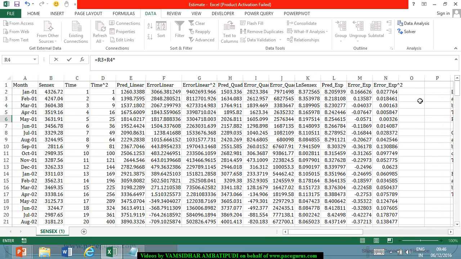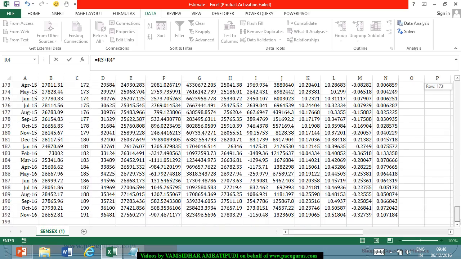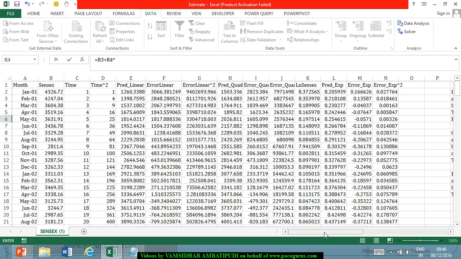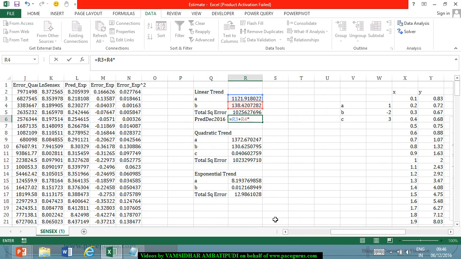November 2016 is 191, so the next is 192, and I multiply B by 192.